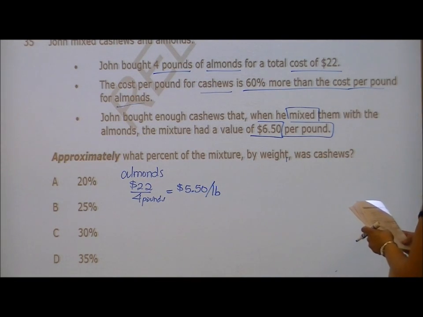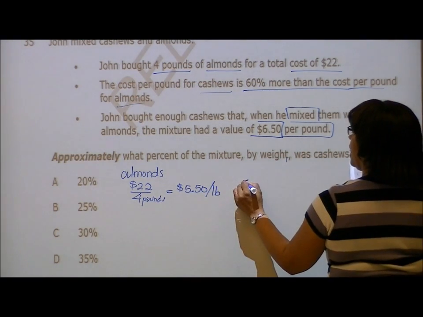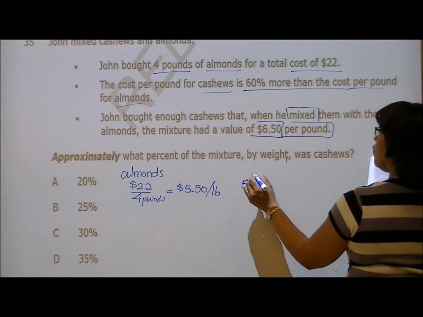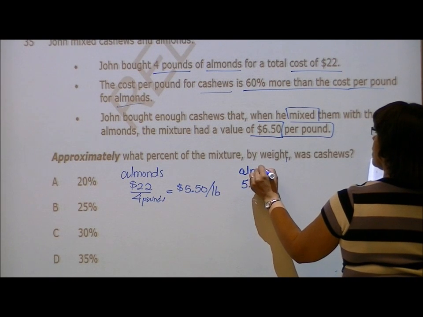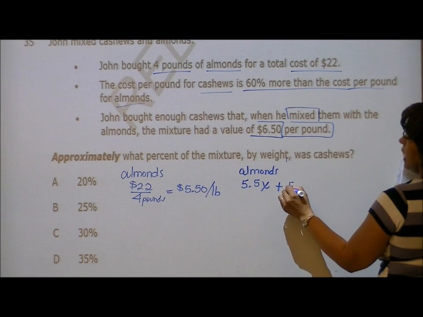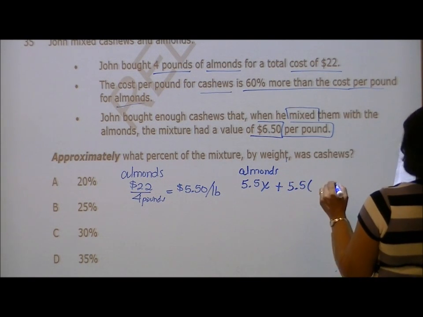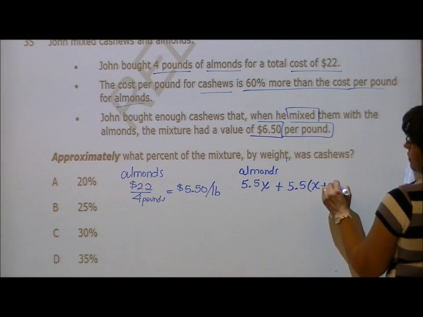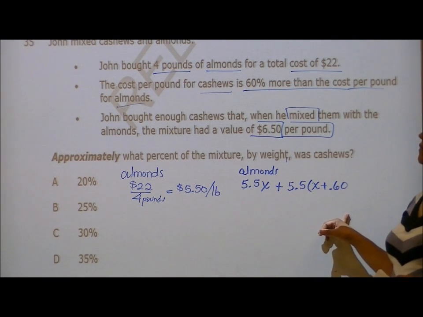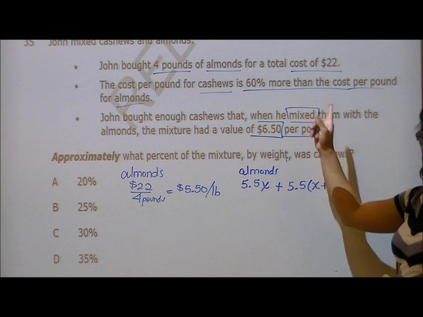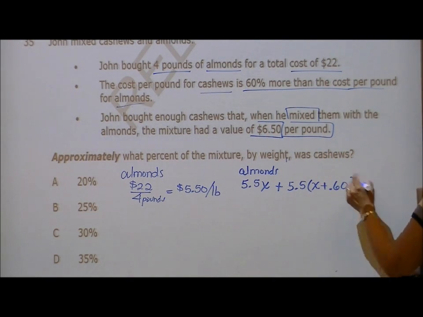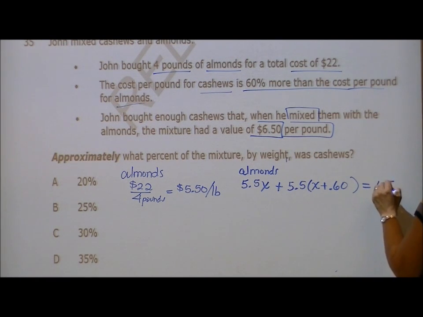So now what we do know, it's not so bad, we know that 5.50, so we can put 5.5x for our almonds that we mix with our cashews, where our cashews are 5.5 times x plus 0.6. And think about where that 0.60 is coming from, because it's 60% more. Good. So then we have to set this all equal to $6.50.